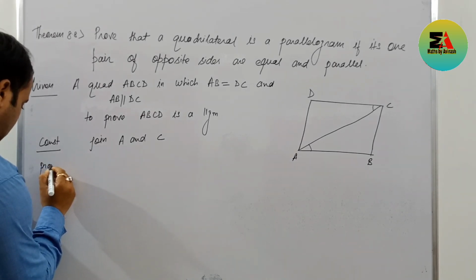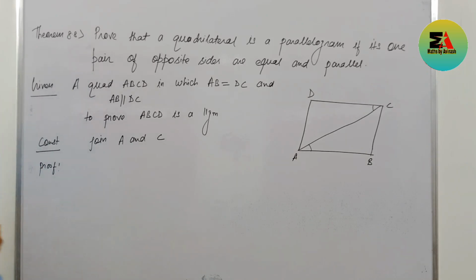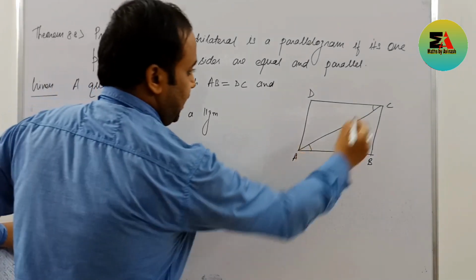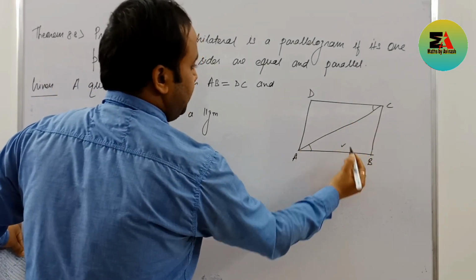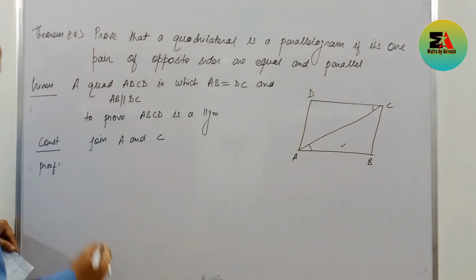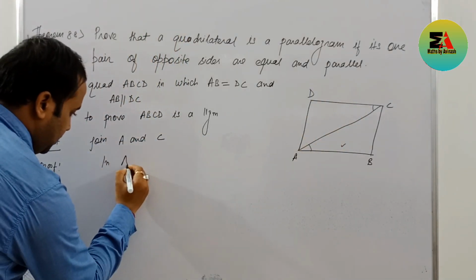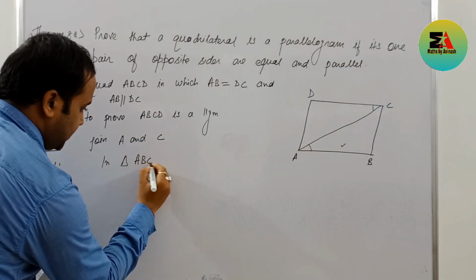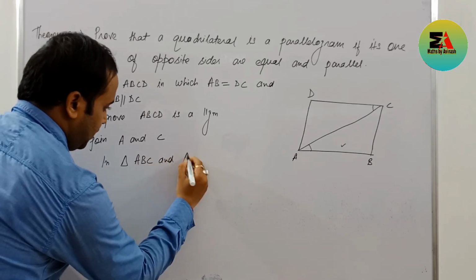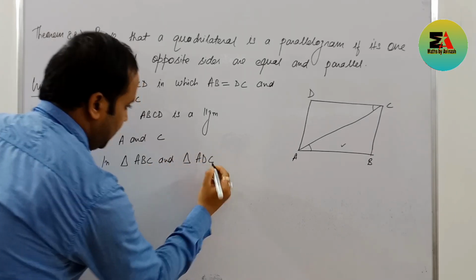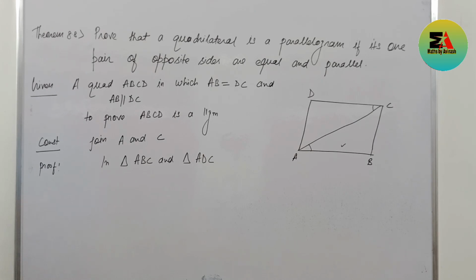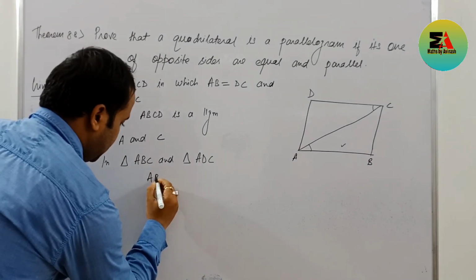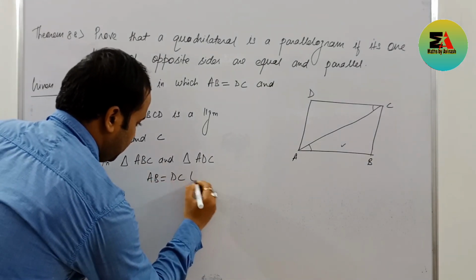Now, in the proof, first of all, you have to take triangle ABC and triangle ADC. Clear? AB equals DC, this is already given.